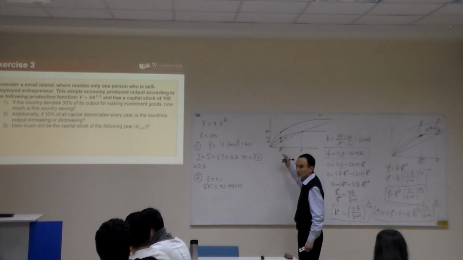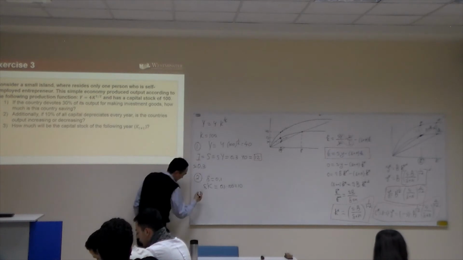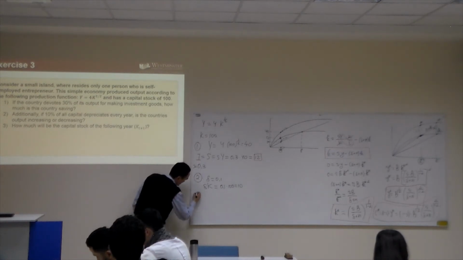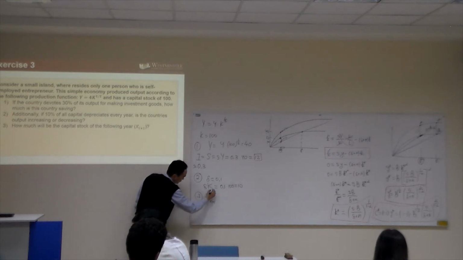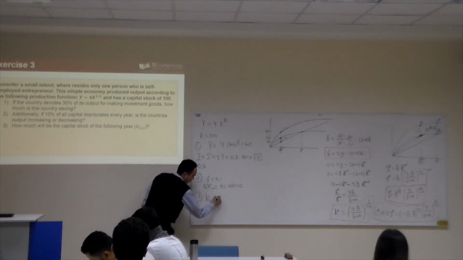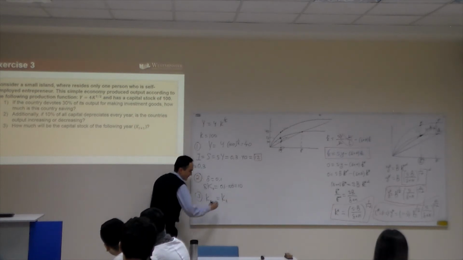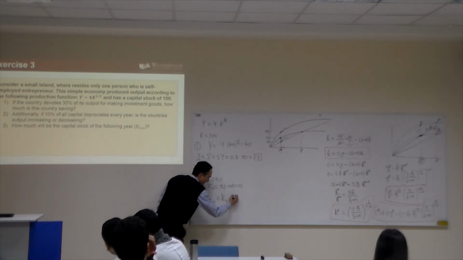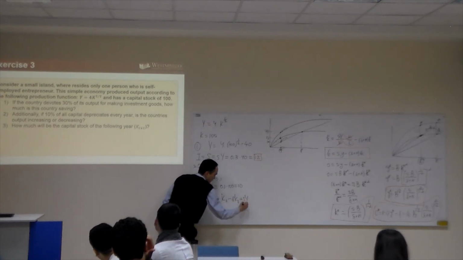From here we know 102. With the given equation we can simplify: K(t+1) is equal to the capital of last year, which unfortunately depreciates, plus investment.